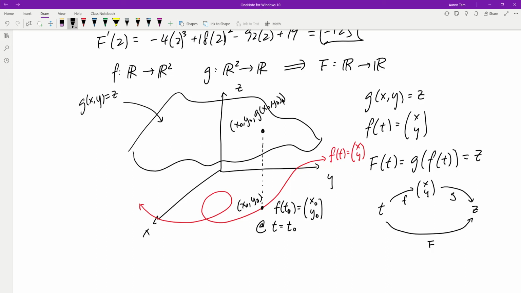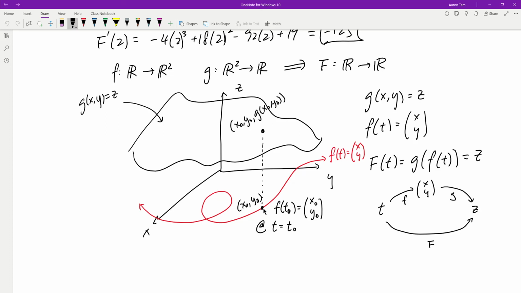Now, here comes the important part. What happens if I take the point on the bottom, x sub 0, y sub 0, which is defined by t equal to t sub 0, and I change t sub 0? When you change t sub 0, this point x sub 0, y sub 0 will move along this red curve. And when it does, the point directly on top of it, x sub 0, y sub 0, g of x sub 0, y sub 0, has to move along with it.